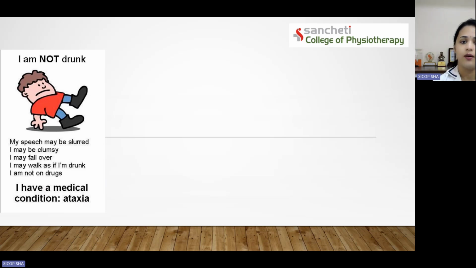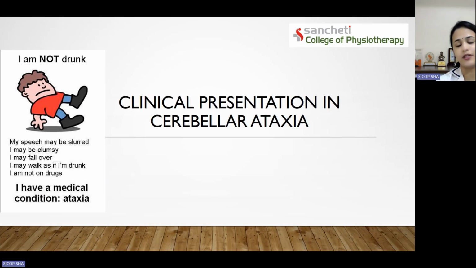That's why many people might mistake this as if the person is drunk, but the person has a condition called cerebral ataxia. So, clinical presentation in cerebral ataxia.